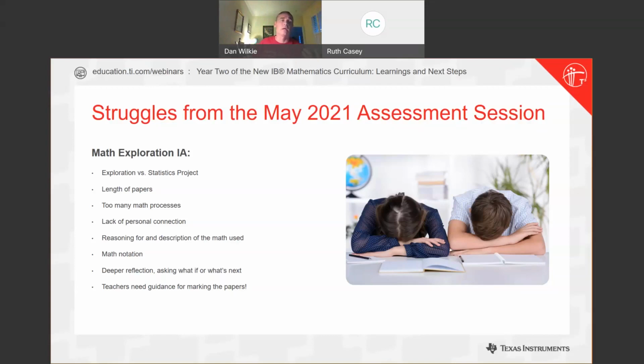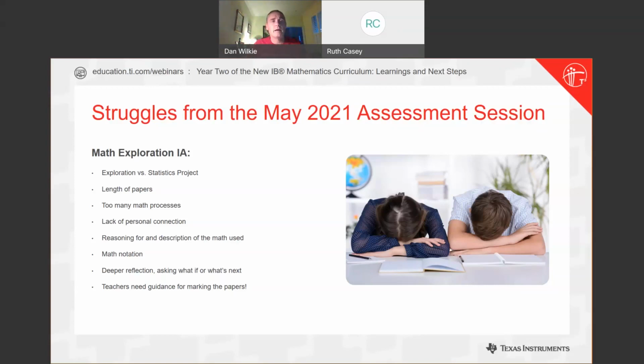They knew what to expect. But my focus, which was on the applications and interpretation students, there was a struggle going from the math studies project to the exploration. And unfortunately, I think grades were lower because of that.